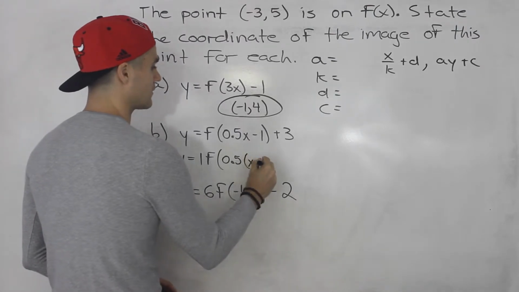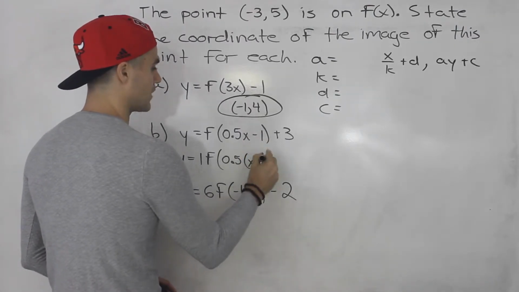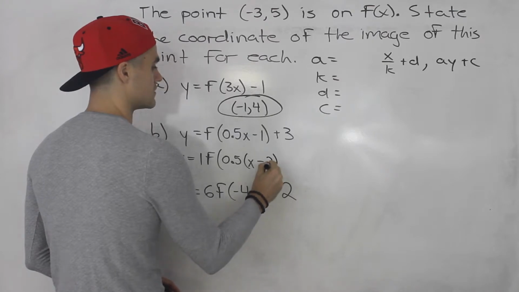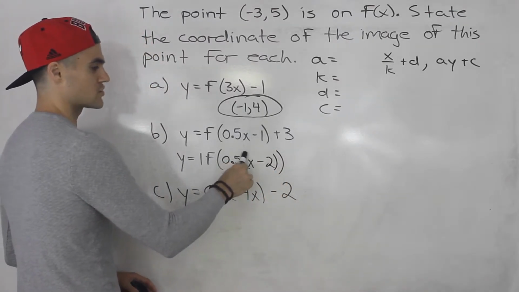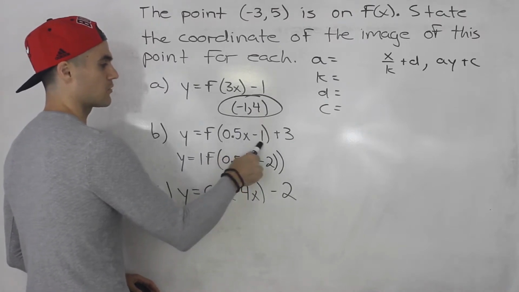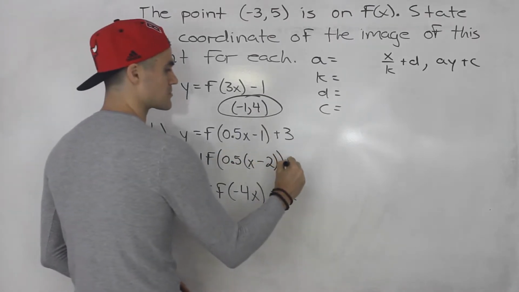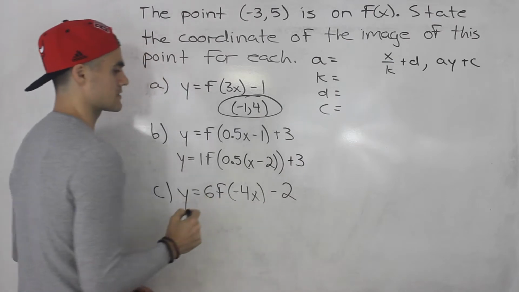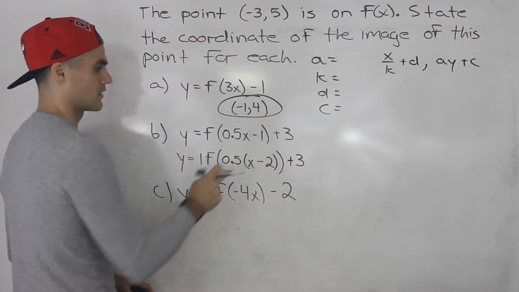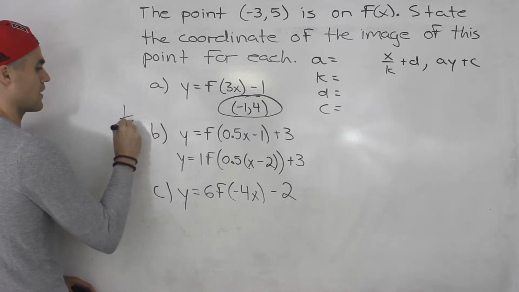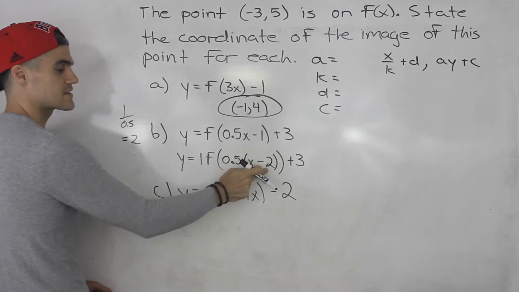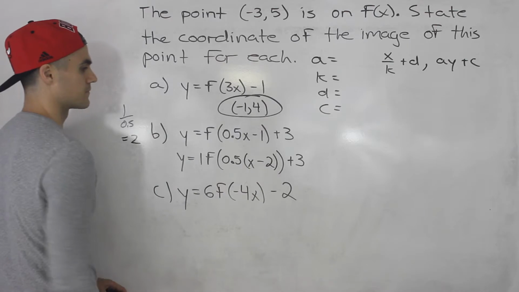And then when we factor out 0.5 from 1, 1 divided by 0.5 gives us 2. Right? So if we were to take 0.5 and distribute it in this bracket, we would end up with 0.5x minus 1. And then this plus 3 here is at the end. So again, when we took out the 0.5, the 1 divided by 0.5 gives us 2. And that's how we end up with that there.